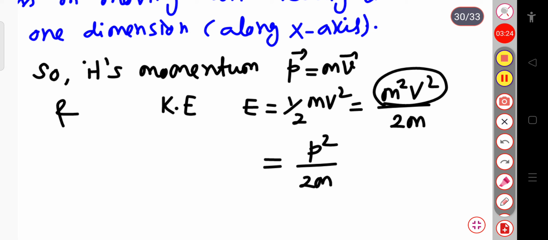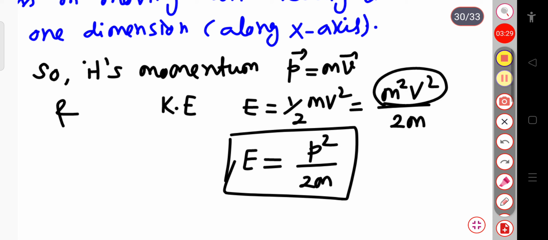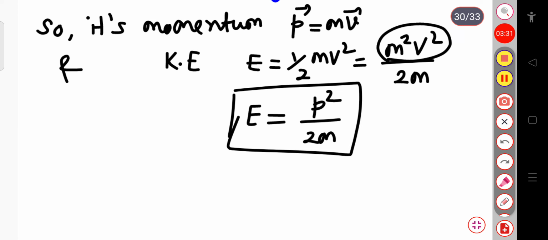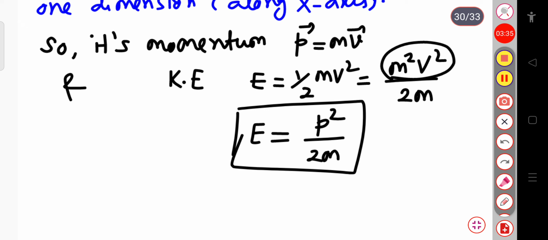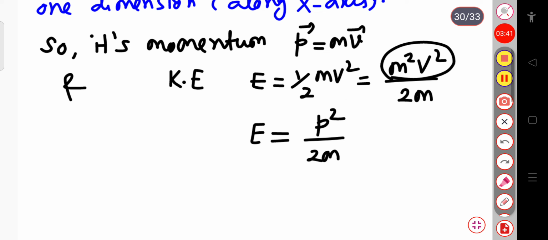So the kinetic energy can be expressed as p square by 2m. Let me write this kinetic energy as K.E equal to p square by 2m.